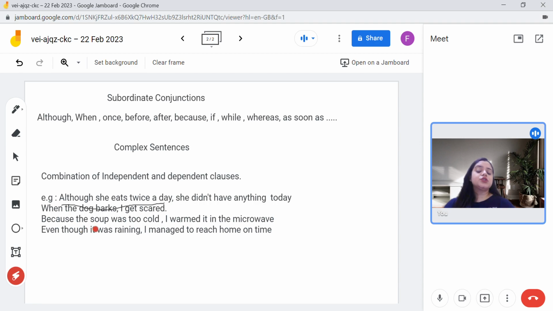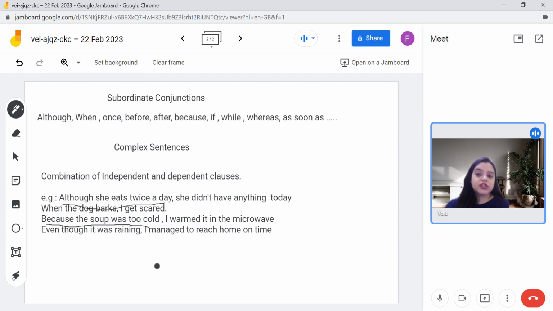Because the soup was too cold, I warmed it in the microwave. It starts again with a subordinate conjunction. If you pay attention, because the soup was too cold alone is not making any sense. So what did you do? What happened then?